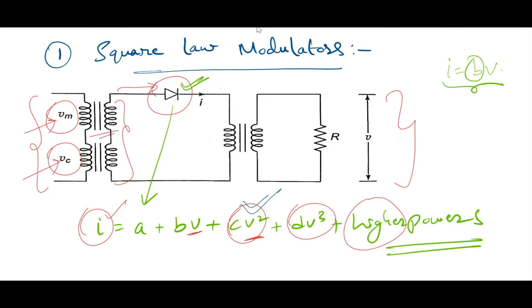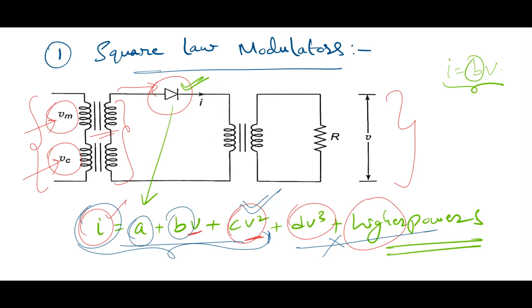So for ease of calculation, we'll consider only this part of the equation and neglect all the higher powers. Before moving further, let us get familiar with this equation again. I is the current of this circuit. A is the DC component, B is the conductance, and V is the modulated voltage, the sum of these two voltages.